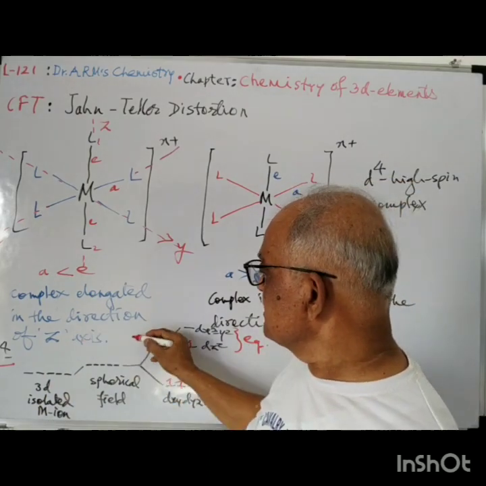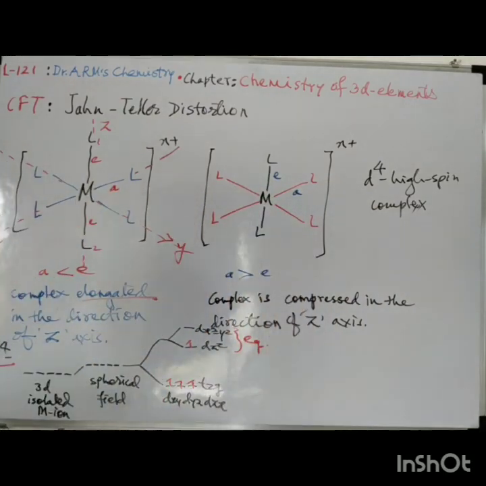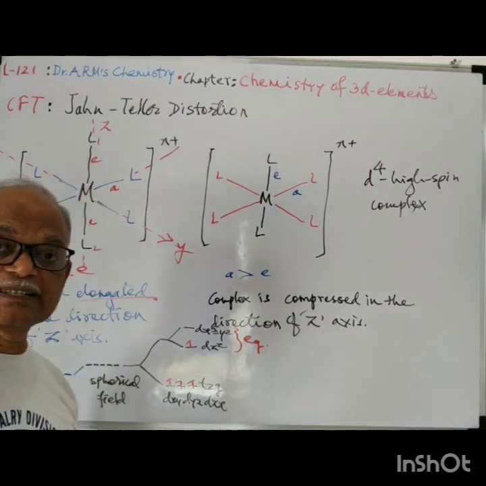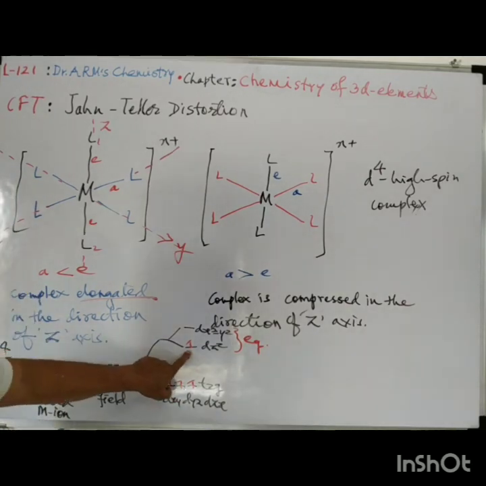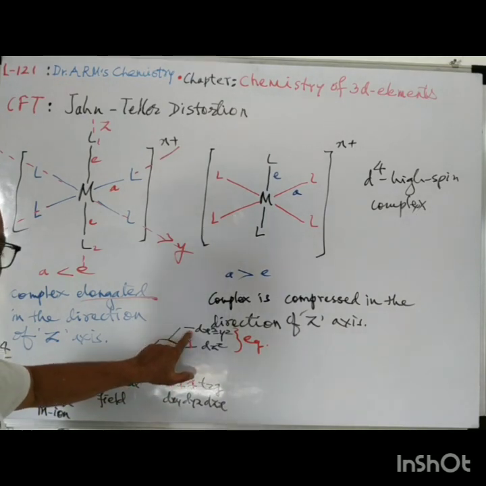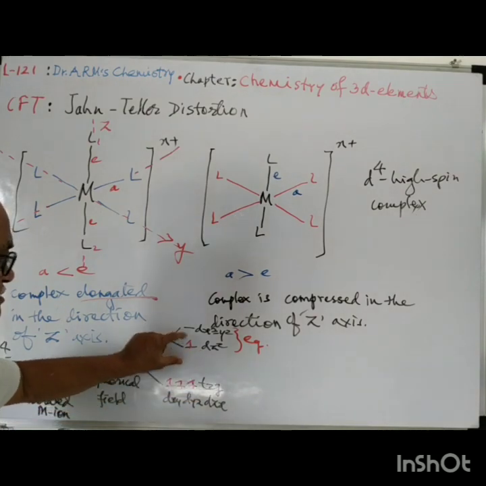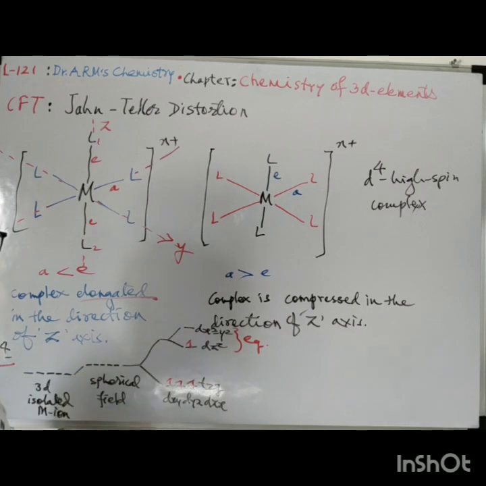So this complex is called an elongated complex, and this is called a distortion. It means in a normal octahedron all the bond lengths are the same or identical, but due to the unequal distribution of electrons, there is no electron here, but this dz2 contains an electron. It means the distribution of electrons in the eg orbitals is unequal.